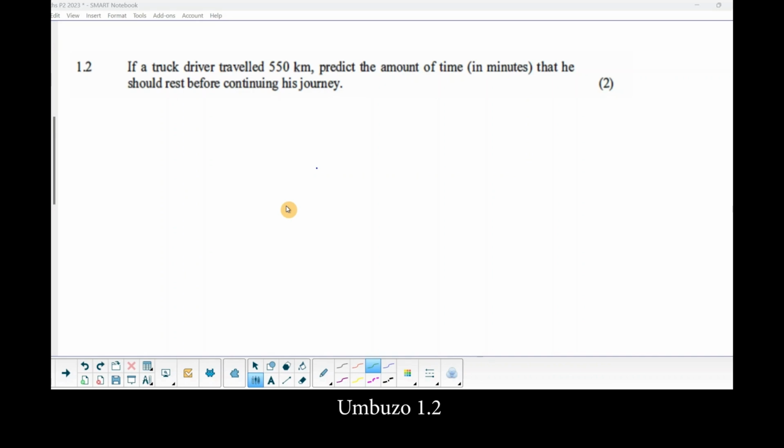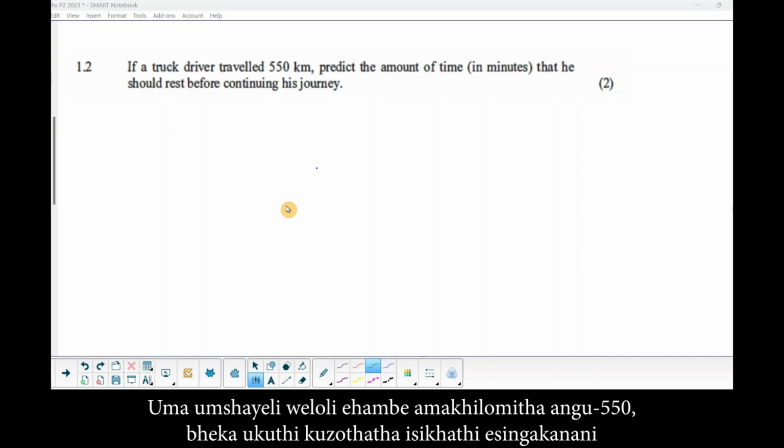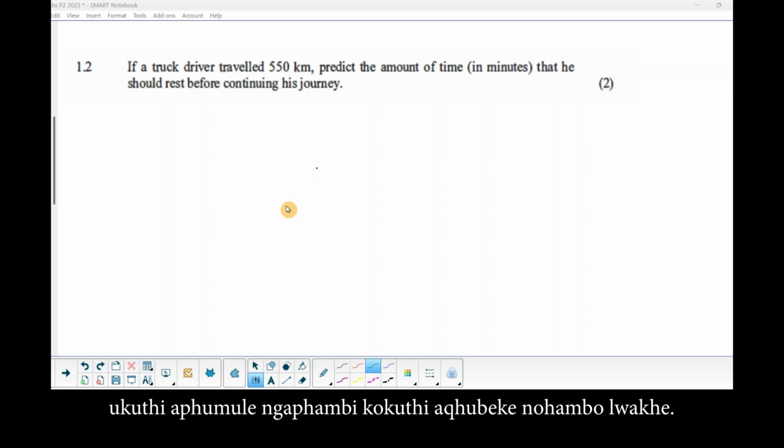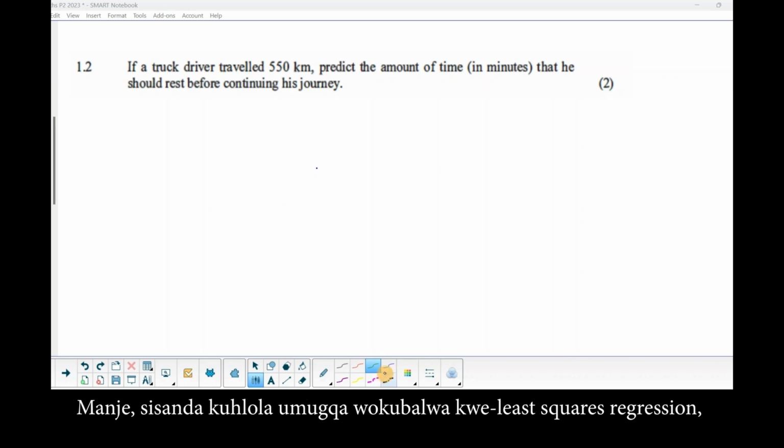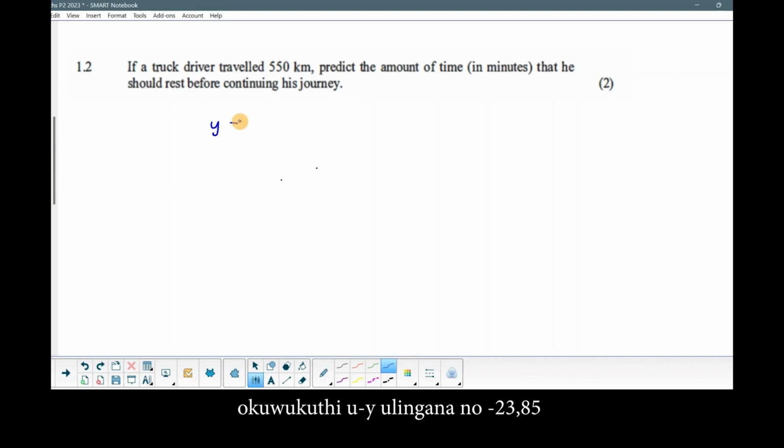Question 1.2. If a truck driver traveled 550 kilometers, predict the amount of time that he should rest before continuing his journey. Now we've just worked out the least squares regression line, which was y equals negative 23,85 plus 0,23x.